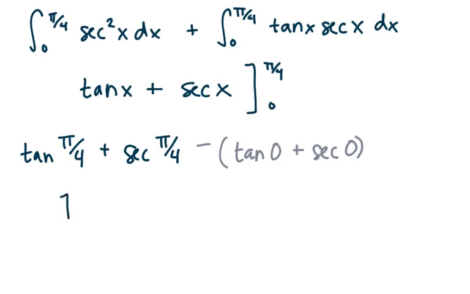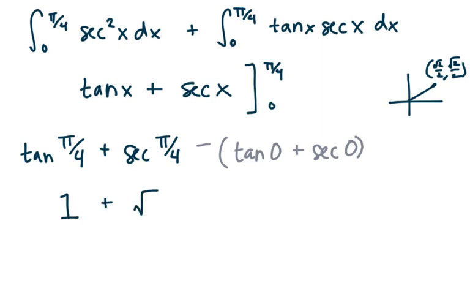Tangent at pi over 4 is 1. Secant at pi over 4, remember at pi over 4 on my unit circle, right up here, my ordered pair would be root 2 over 2, root 2 over 2. So secant is going to be 1 over that cosine value, 1 over root 2 over 2.